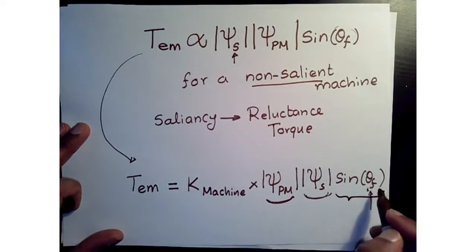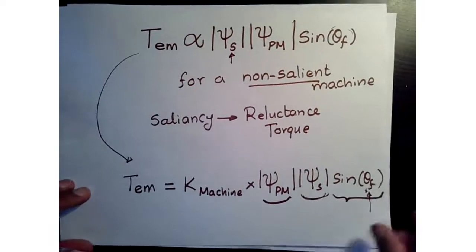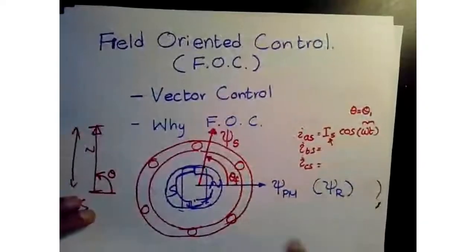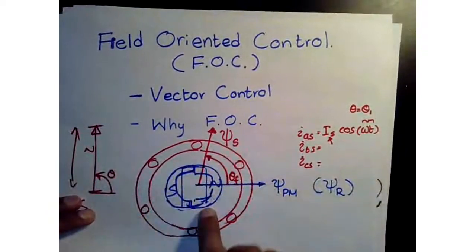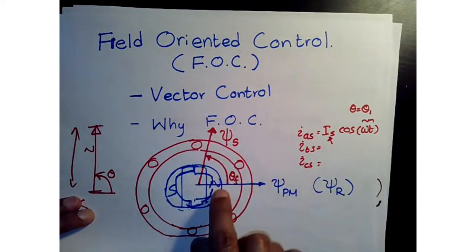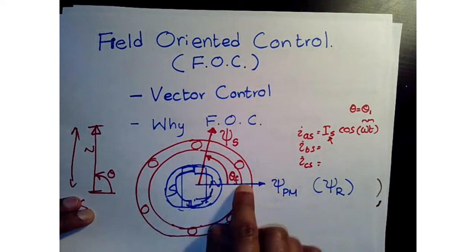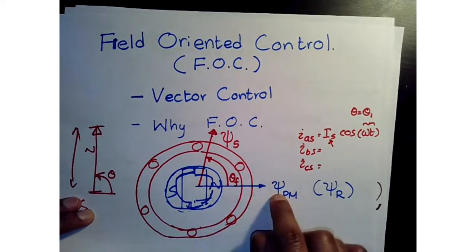So this shows us that if you are to generate optimal torque in this case, your stator flux vector has to be placed 90 degrees out of phase from the permanent magnet flux. Is that clear?